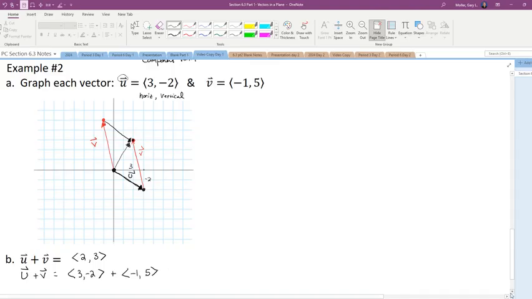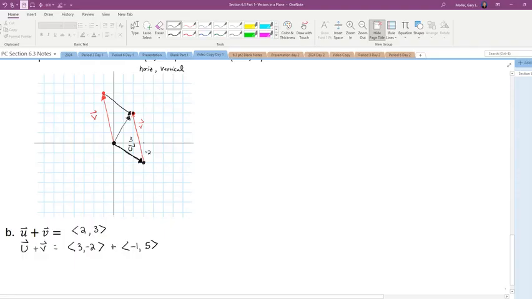And what we're going to do is add the component forms together. It may make more sense to put them next to each other, like underneath or something. But essentially, I'm going to do 3 and negative 1, which makes 2, and negative 2 and 5, which makes 3. And notice we got the same answer here as we did right here.